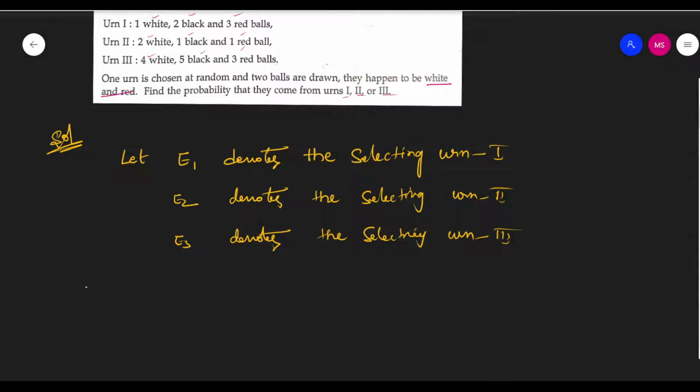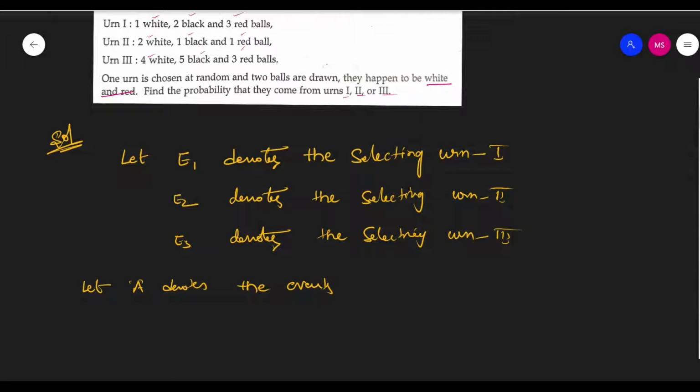Now I am taking one of the important points in this problem. Let A denote the event of drawing two balls which are white and red.